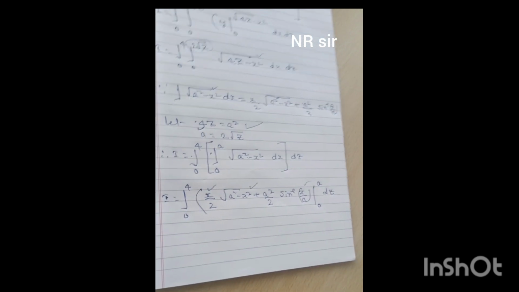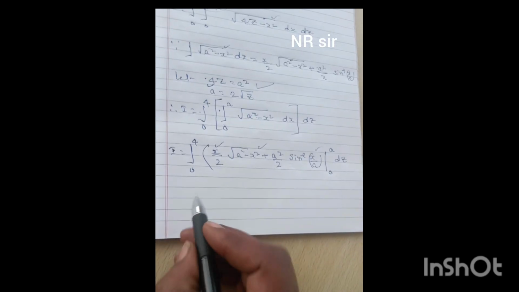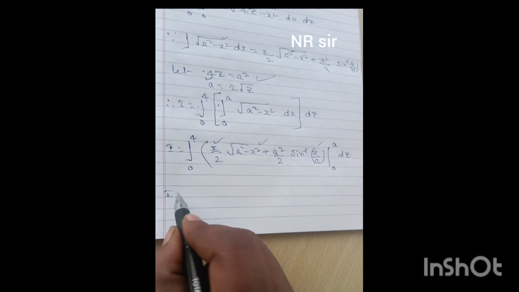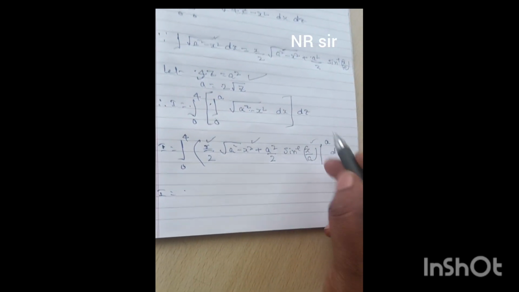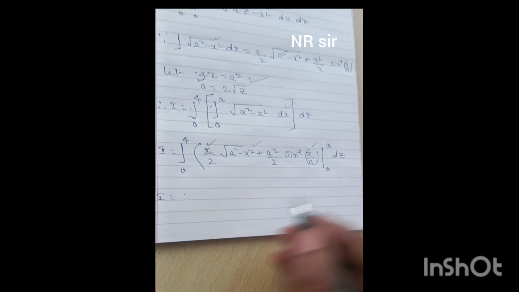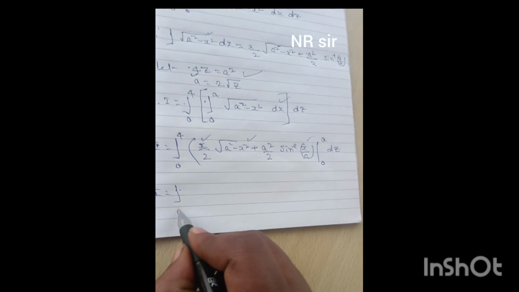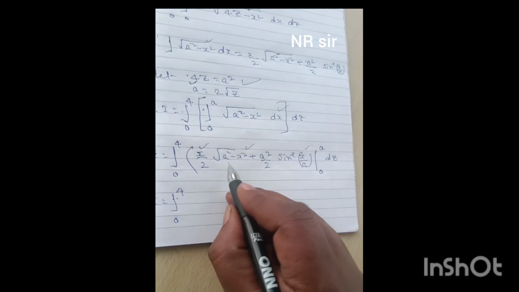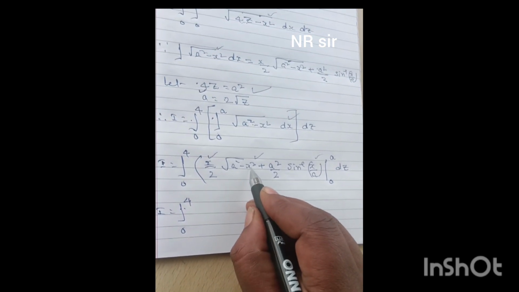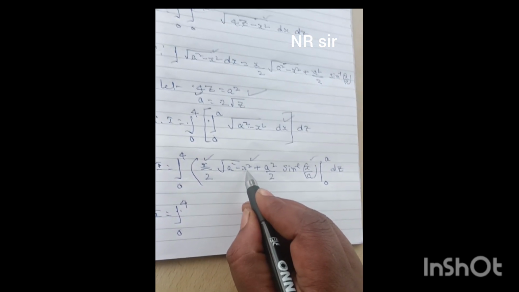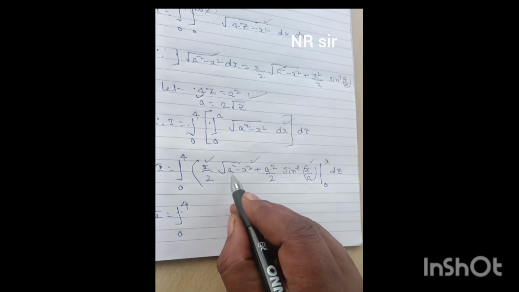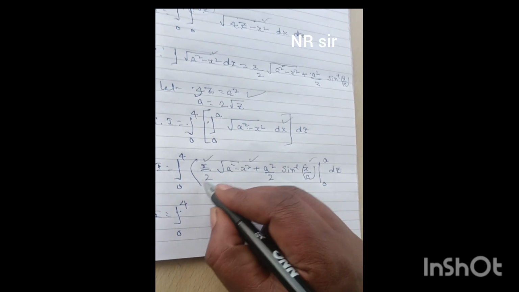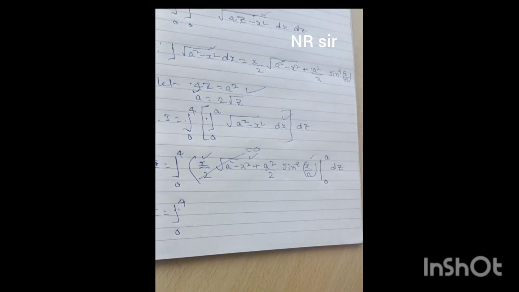We have done the integration with respect to x, so if I substitute x as the upper limit a, you can observe that a square minus a square will become 0. This entire term now becomes 0.